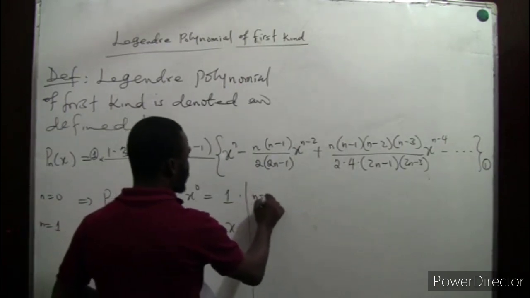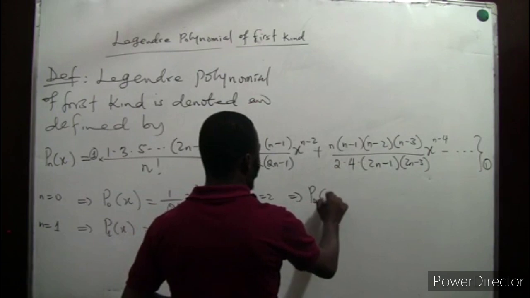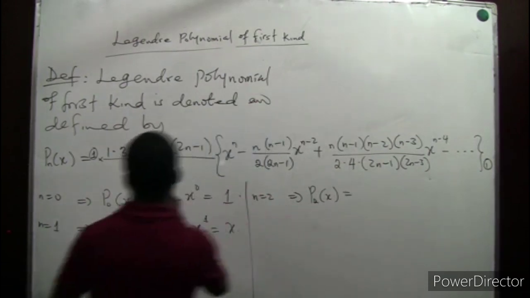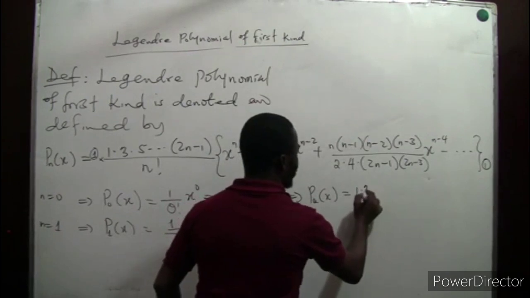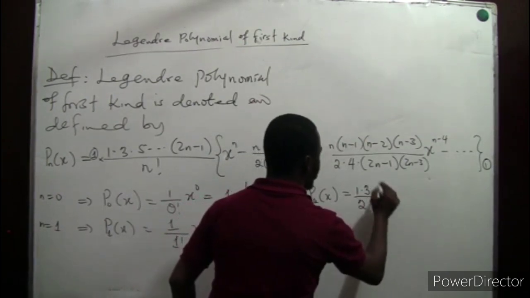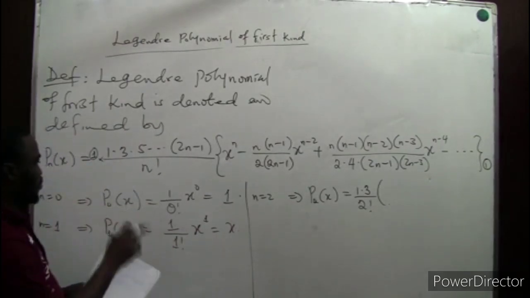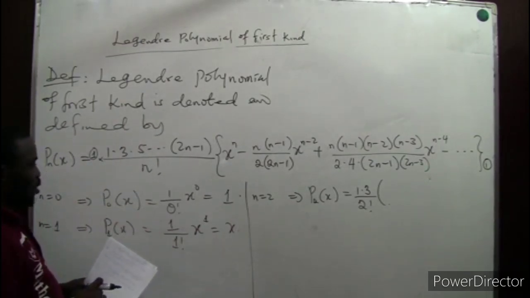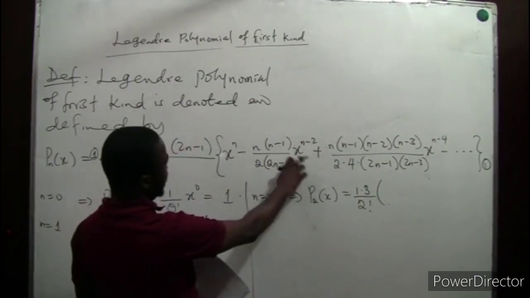When n equals 2, we have P2 of x equals 1 multiplied by 3 divided by 2 factorial into, we have this term and this to consider.